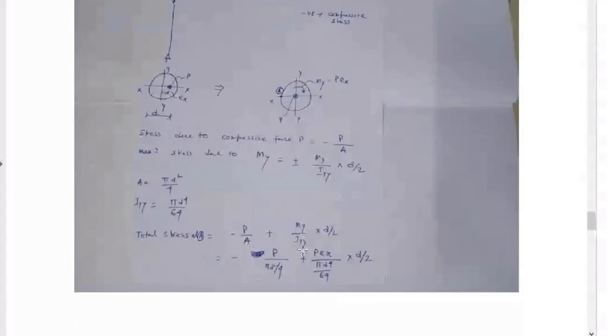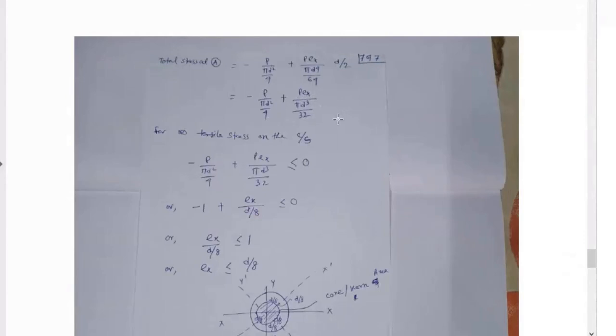If we put the values of A and Iy in this expression, we get minus P divided by pi d square by 4 plus P ex divided by pi d to the power 4 by 64 multiplied by d by 2. If we simplify this, the total stress at point A is minus P divided by pi d square by 4 plus P ex into 32 divided by pi d cube.